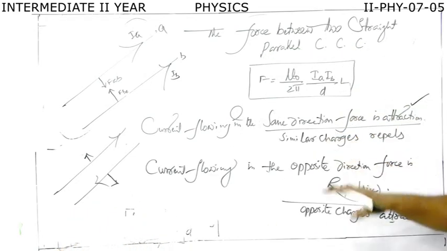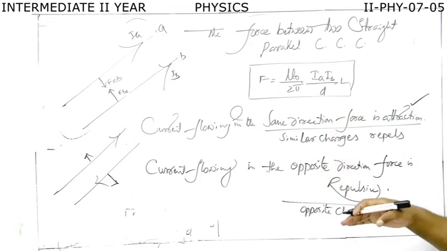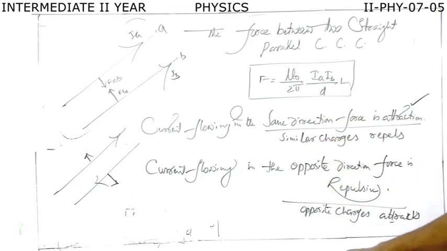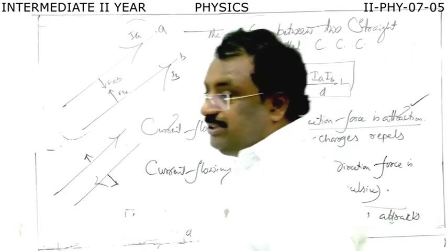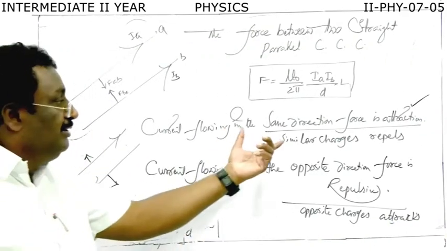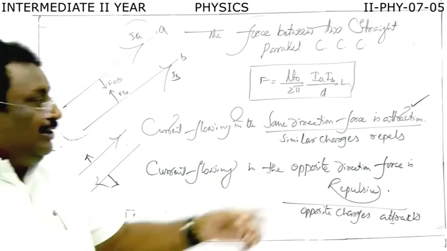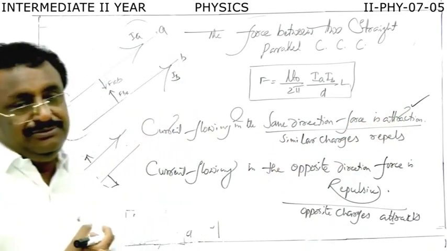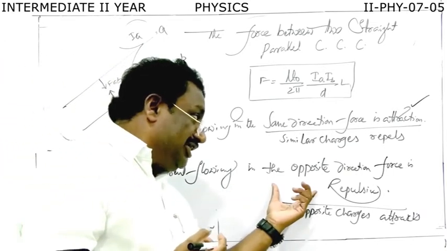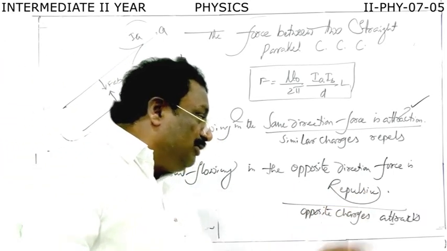Just the complete opposite of Coulomb's inverse square law. If you take similar charges, they repel. But here, if the current is in the same direction, the force becomes attraction. If the current in two conductors is in opposite directions, the force becomes repulsive.